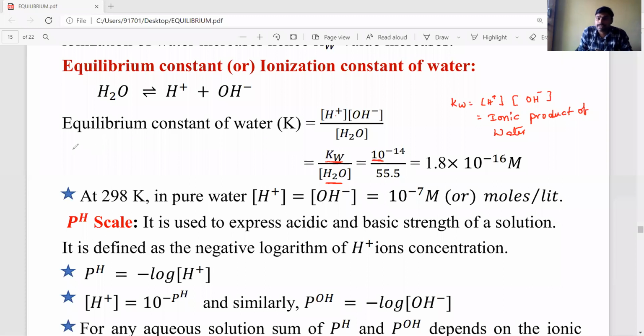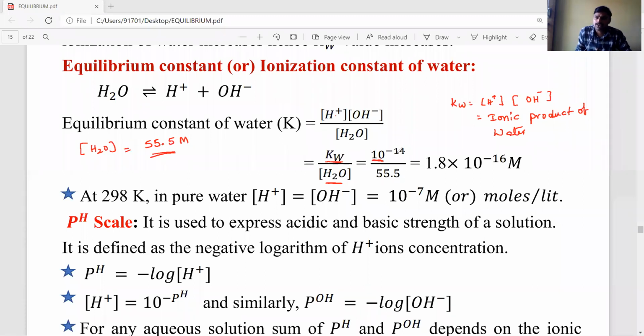Already in the basic concepts of chemistry, we discussed concentration terms. The concentration of pure water, meaning the molarity of pure water, is 55.5 molar.